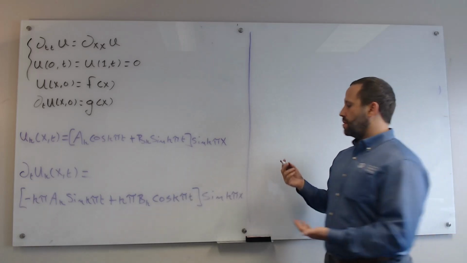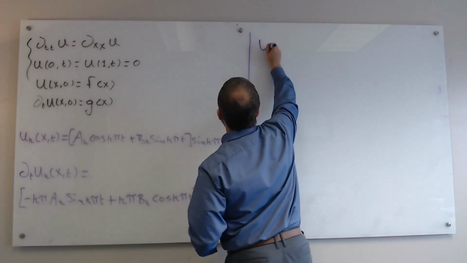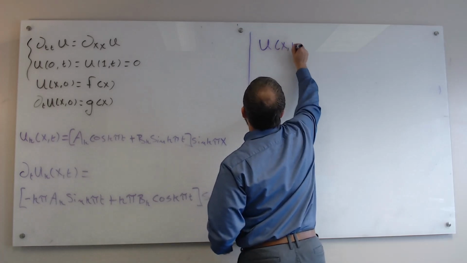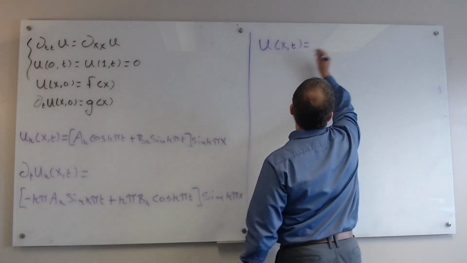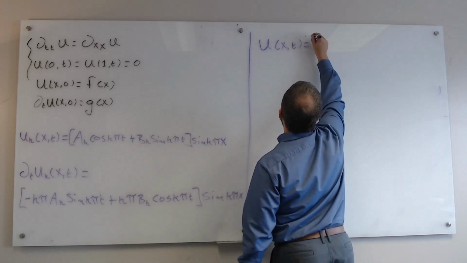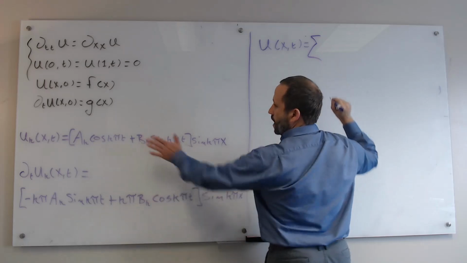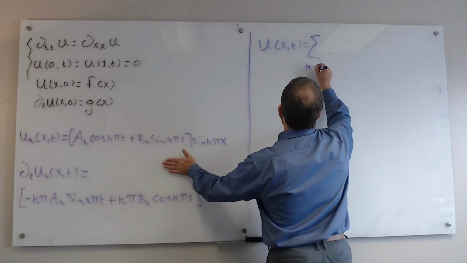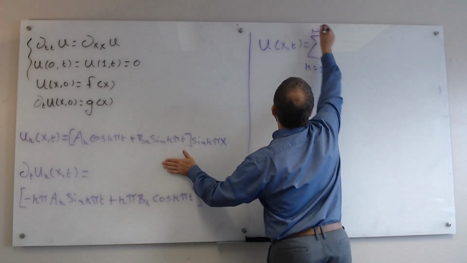Well, as you can probably suspect, just like we did for the heat equation, we're going to say u of x,t is going to be equal to the following sum. We're just going to add up all of these uk's, so k equals 1 to n.